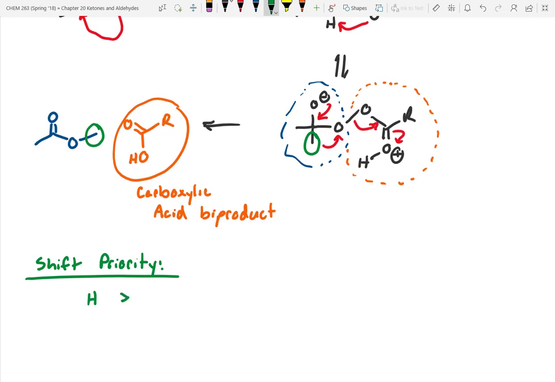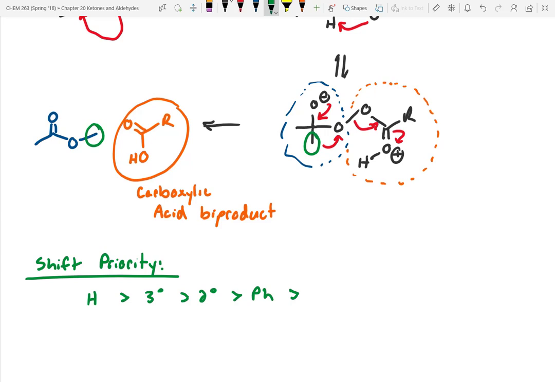And then next highest is if you've got a tertiary carbon. And then next highest would be a secondary carbon. And then next highest you would anticipate being a primary carbon, but it's not. Experimentally, we know that phenyl groups tend to shift. They don't shift as well as a tertiary or secondary carbon.